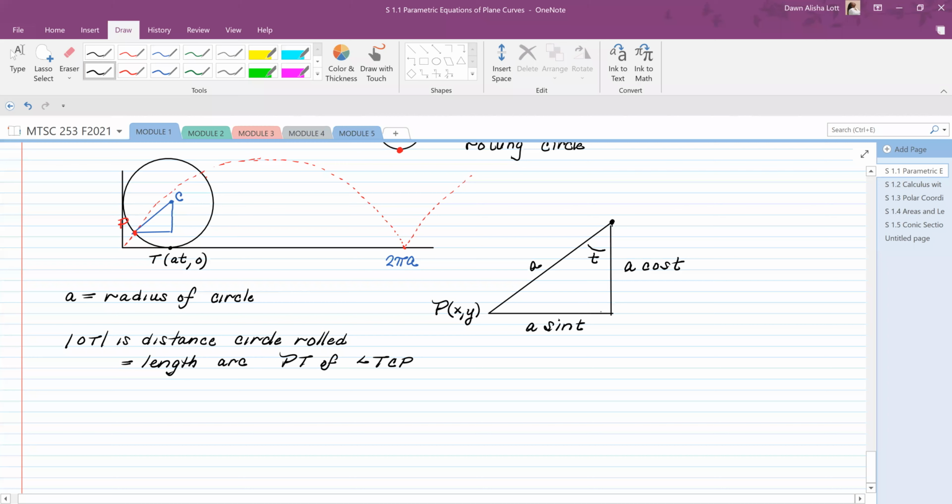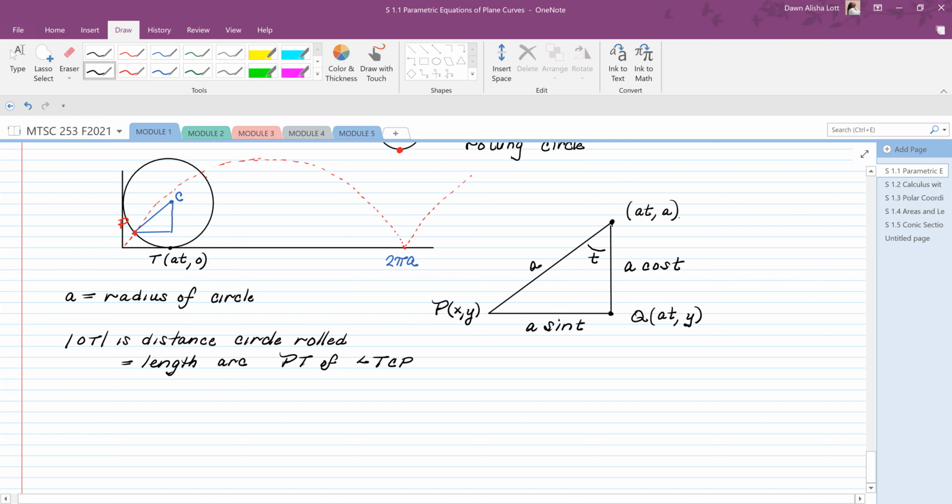Then this point right here we called Q, and that is the distance A times t and whatever y value it gets. And the center up here is A times t, and its y value is A.